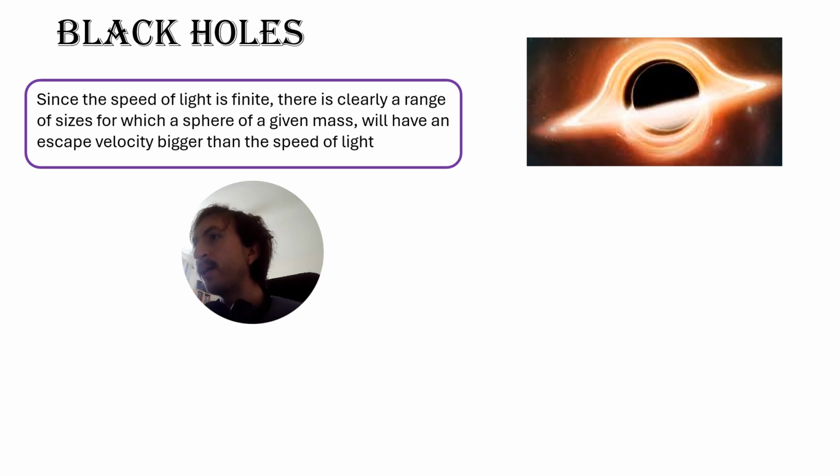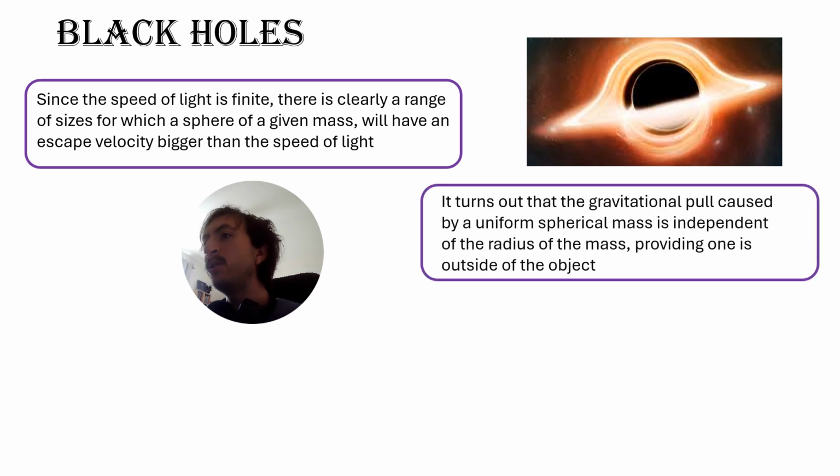So clearly we can have objects which have the right mass to radius ratio for them to have a surface, at least in principle, where that surface has an escape velocity equal to the speed of light. And you might ask, well, does that surface or that region in space still exist if an object collapses even beyond that point?